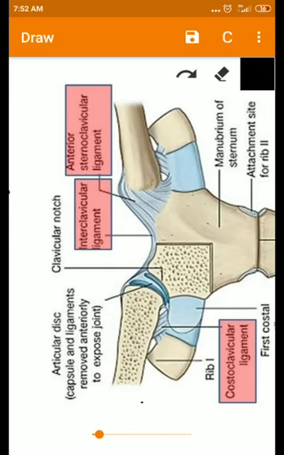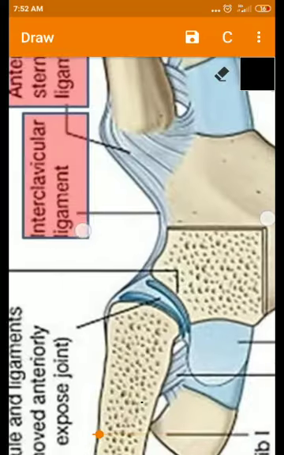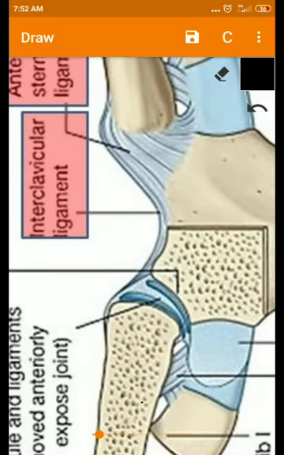You can see the fibers very clearly here. The fibers are running downwards and towards the medial side.